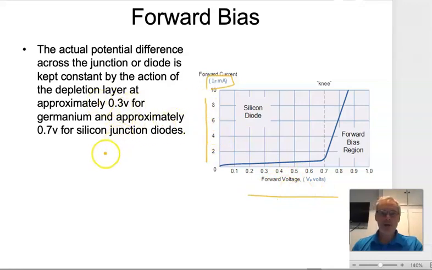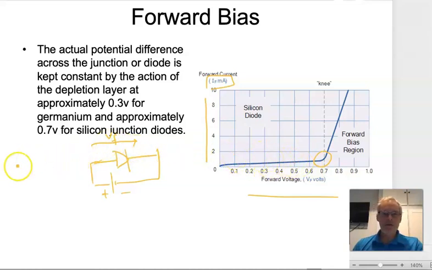What we mean by that, if I draw a diode here, make that positive and that negative, the voltage there is what's known as the forward voltage. Now, if you look at this plot, we've got 0.1, 0.2, 0.3, 0.4, up to the point of around 0.65, 0.7 volts, virtually no current flows.